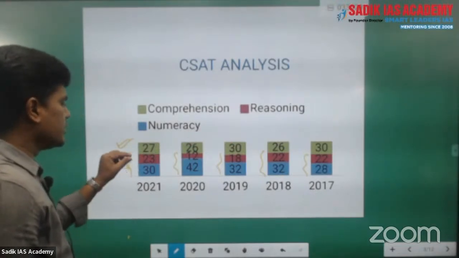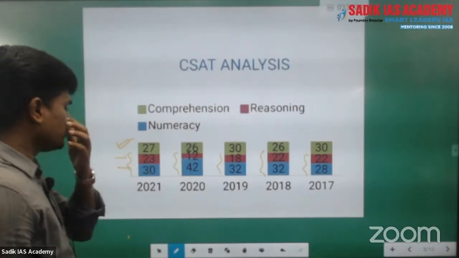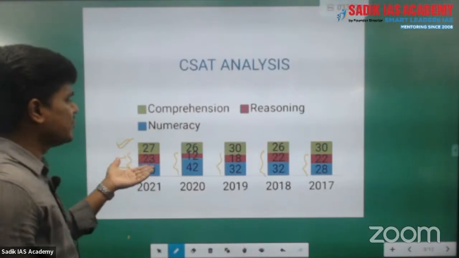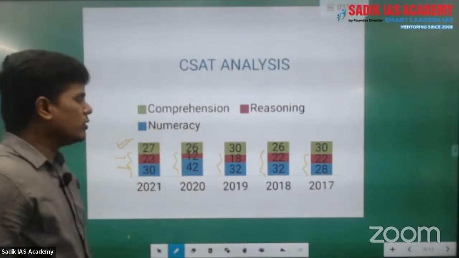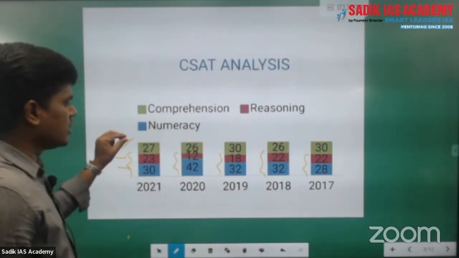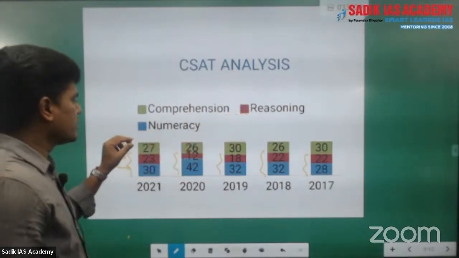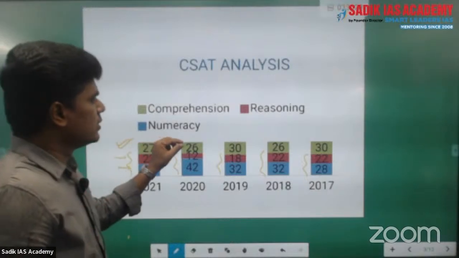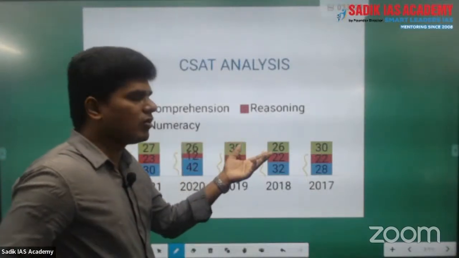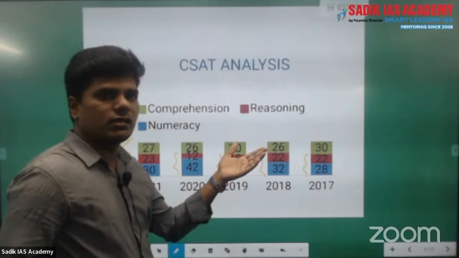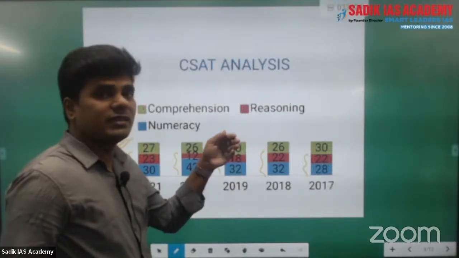Here you cannot just skip any area. You cannot concentrate only on English or the comprehension part alone. If you do, yes, you'll be answering 30 questions, but you may not know whether those answers are correct in the examination hall.